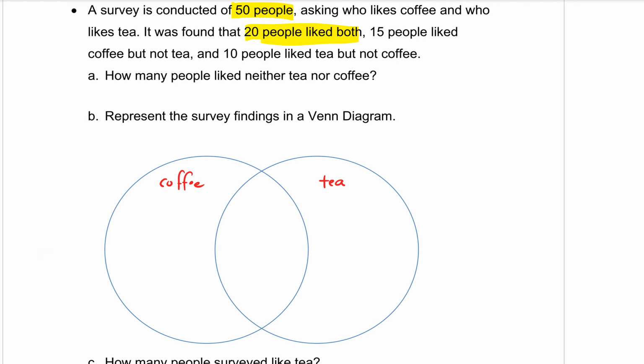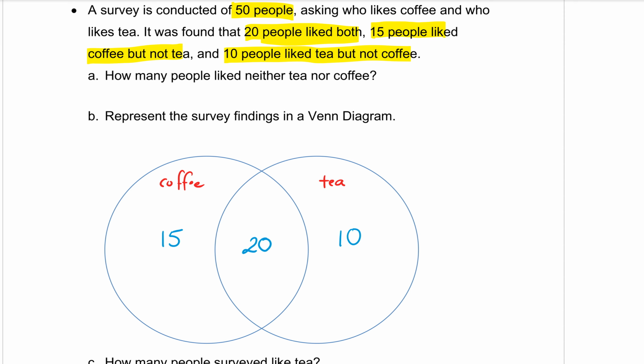Okay, so the 20, that's going to be here in the overlap because there's 20 people who like both. There were 15 people who liked coffee but not tea. That goes in here. And 10 people who liked tea but not coffee.